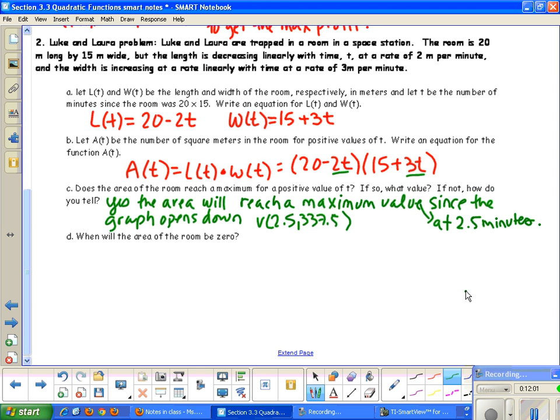Then the next question says, when will the area of the room be 0? So the area of the room is our A(t), and that's our y value in this case. So that means I want to plug 0 in for y and solve for t. And I can set each of these binomials equal to 0.